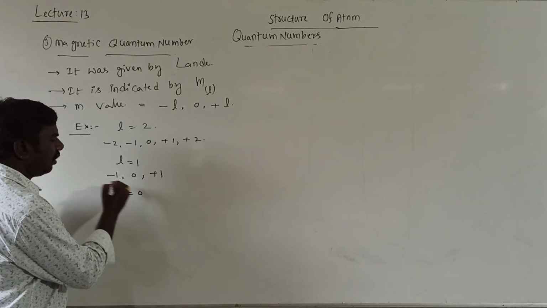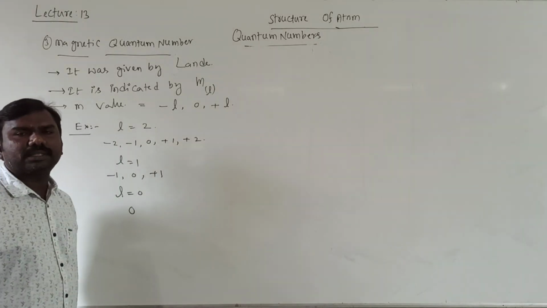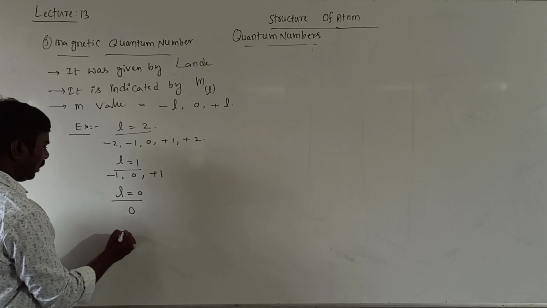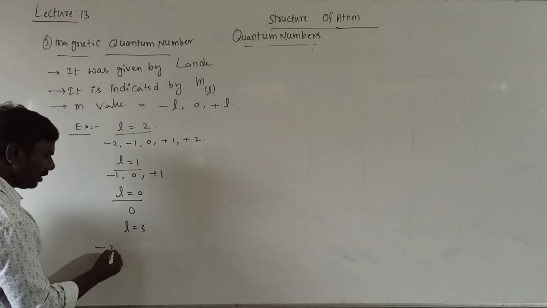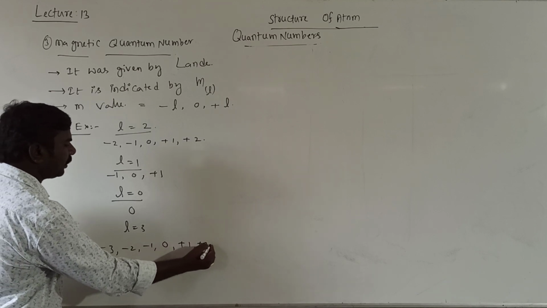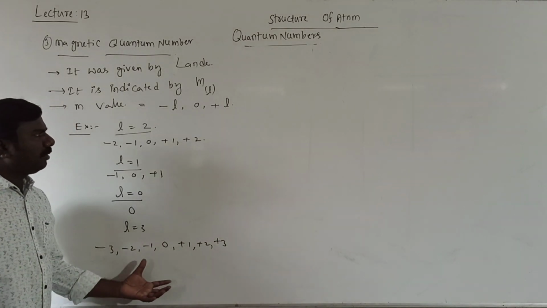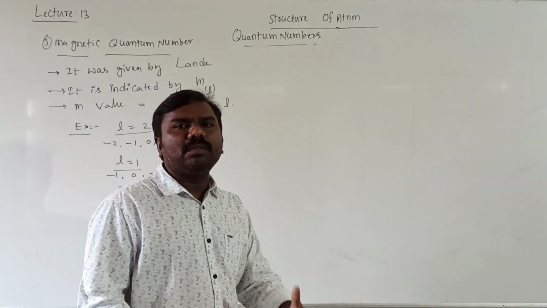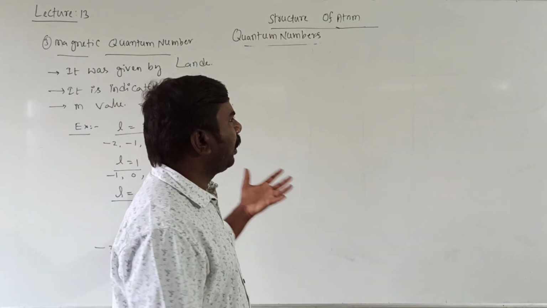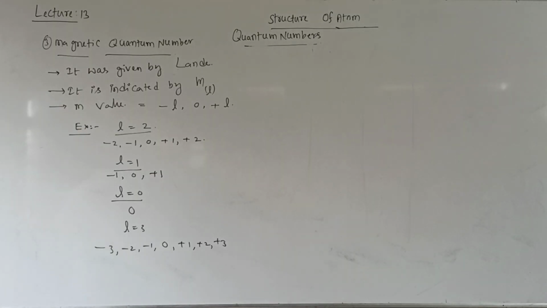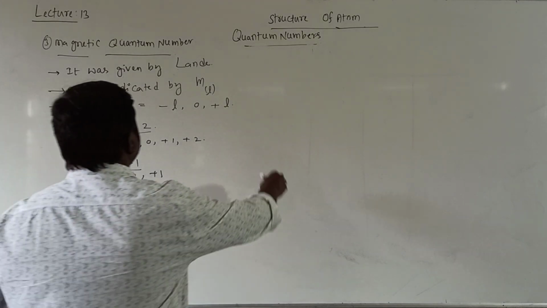L equal to 0: only 0. L equal to 3: minus 3, minus 2, minus 1, 0, plus 1, plus 2, plus 3. It means this number indicates possible orientations of a particular orbital. So it indicates orientation of orbitals in 3D space.